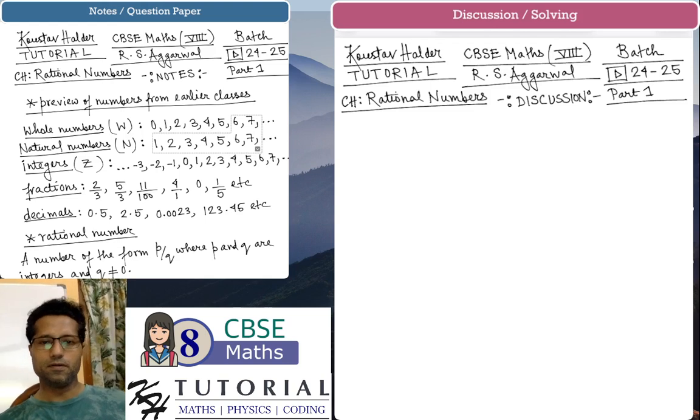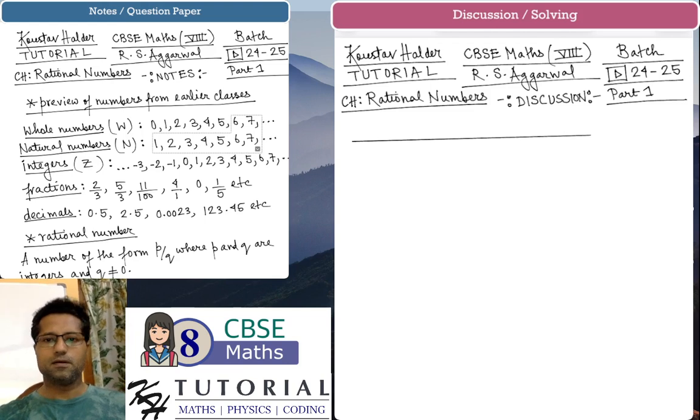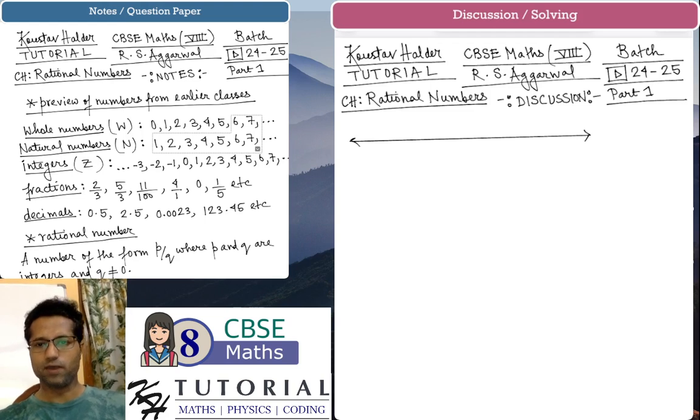You must also be familiar with the number line, where you mark all these numbers. You know that the integer 0 is marked by the origin. The number line is represented by a straight line with arrows at the two ends, meaning it stretches infinitely on either side, and somewhere in the middle we have the point origin O, which represents the value 0.